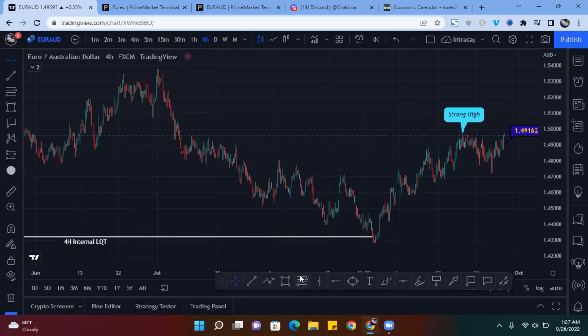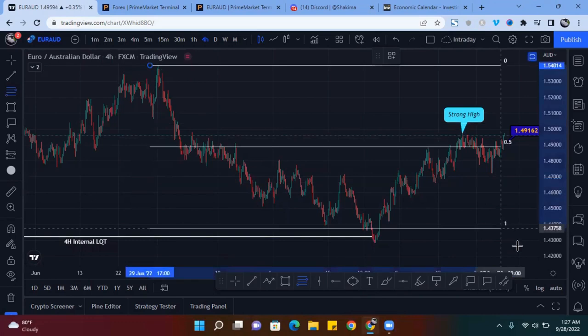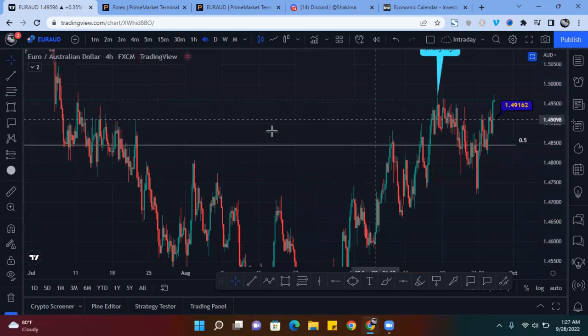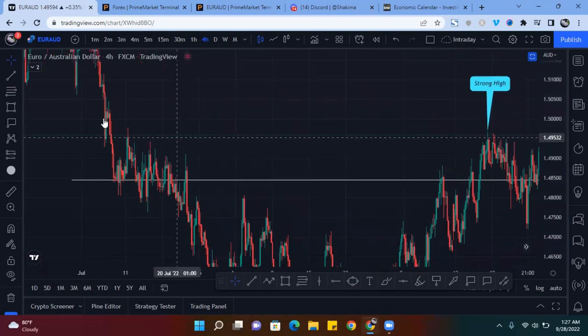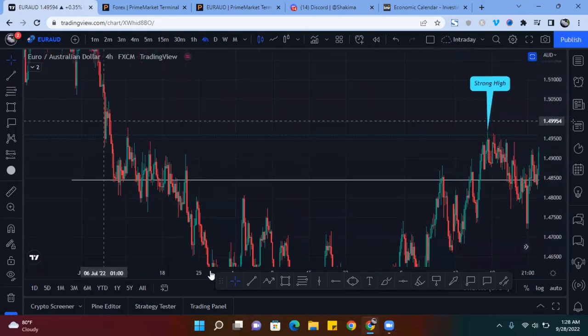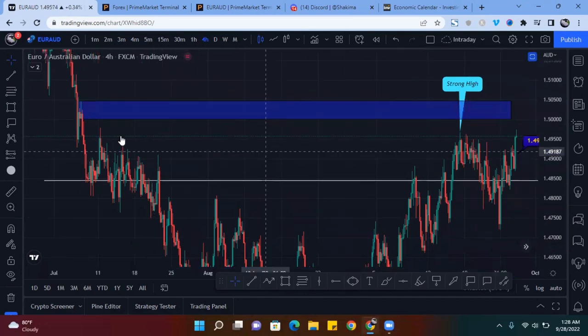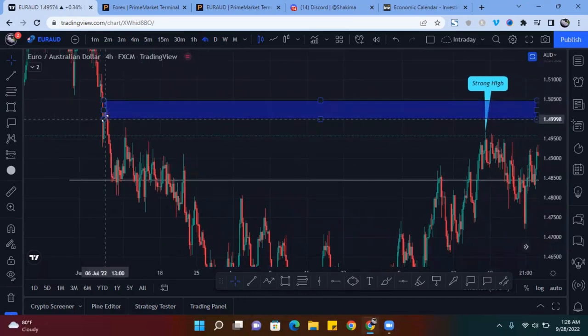So that's three things right there already. So I usually draw this in order to help me even pick my order block, which in my personal opinion, based on what I see here in terms of liquidity, this is a pretty solid order block right here. Pull this over, pretty solid order block right here.